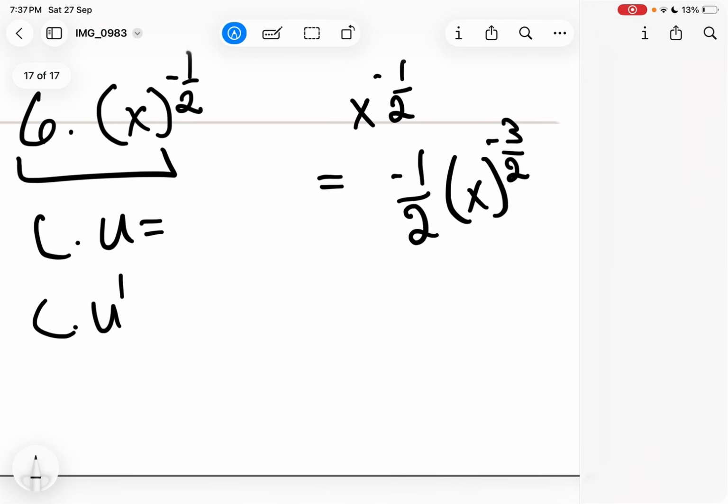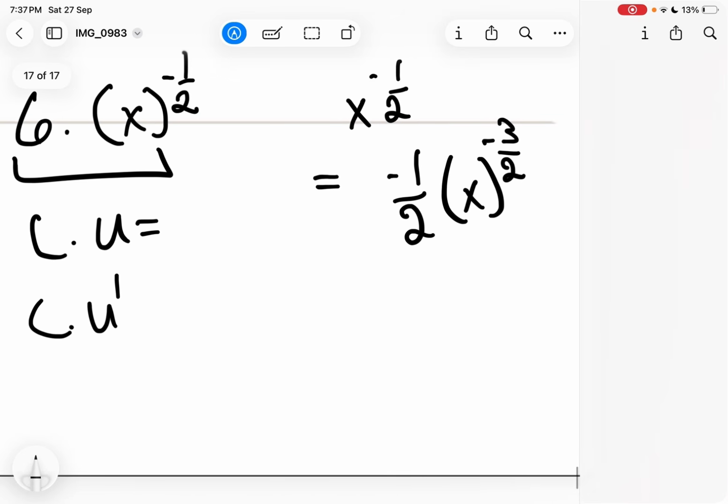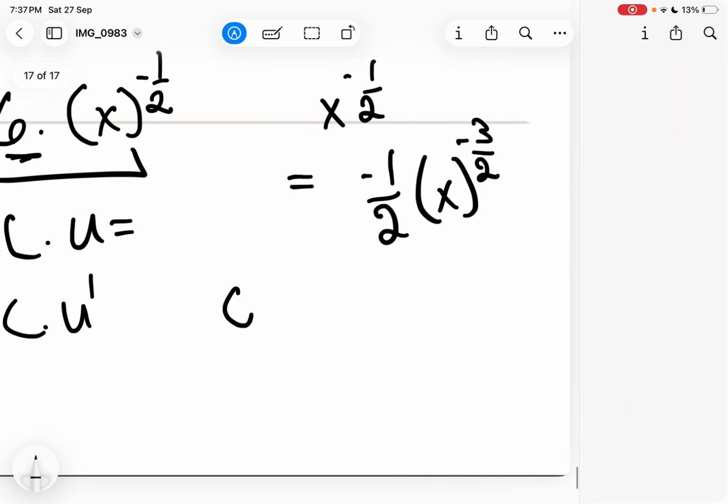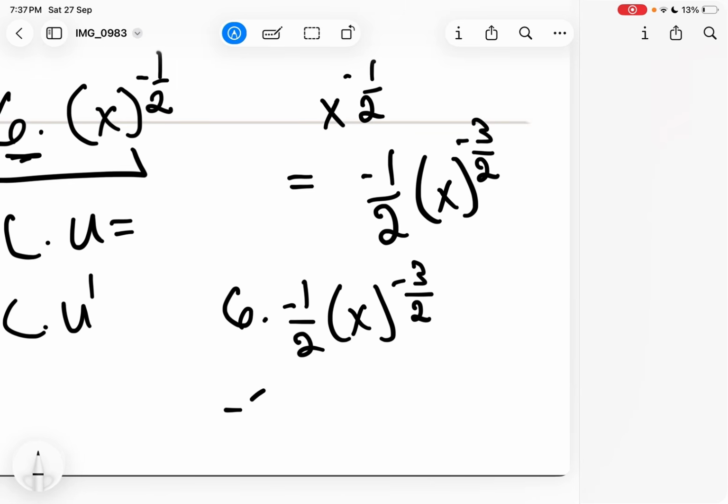After getting that, you take the 6 that you got from the start, because you do 6 times negative 1 over 2 x to the power of negative 3 over 2, so it will be negative 3 x to the power of negative 3 over 2.